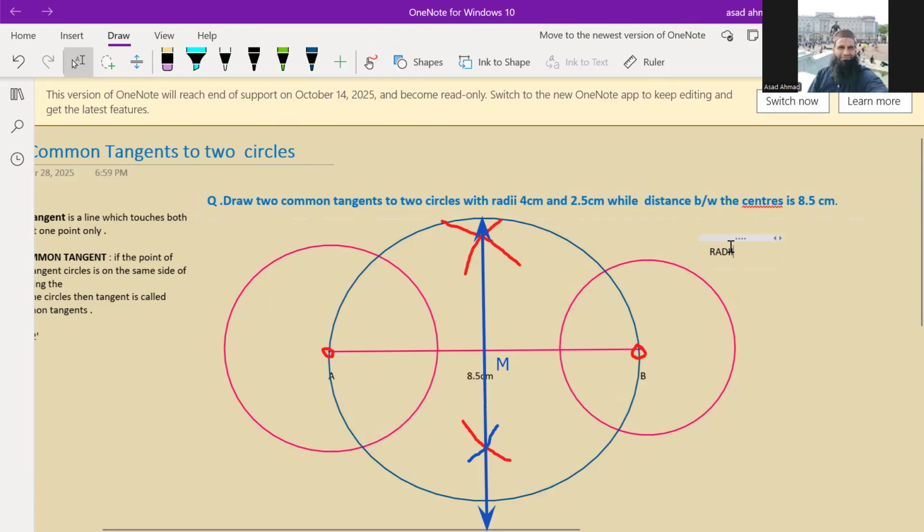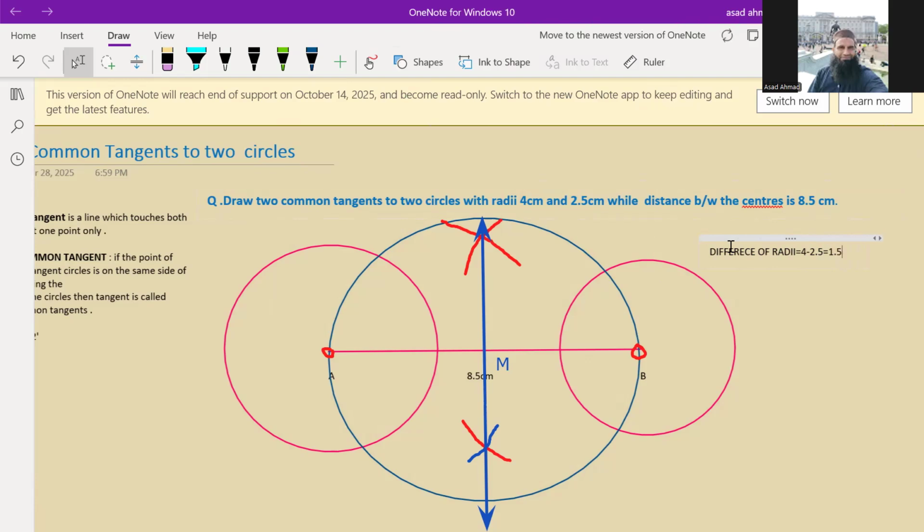So please see carefully that for direct common tangents, we have to take the difference of radii. Two different radii are provided. One is a radius of 4 centimeter and the other one is a radius of 2.5 centimeter. Once we take the difference, we get a value of 1.5.